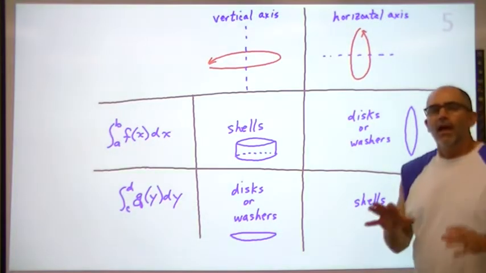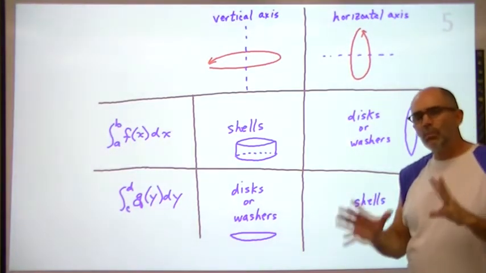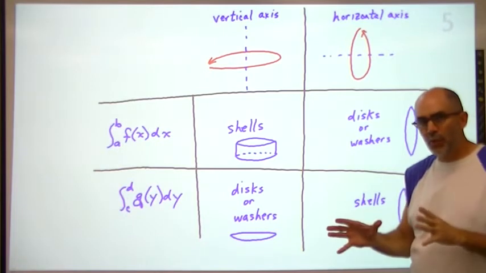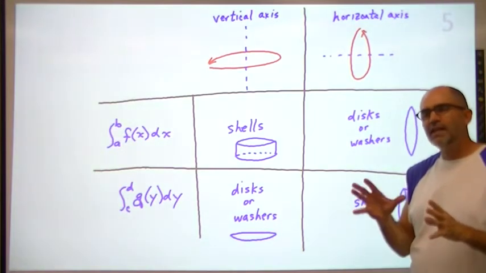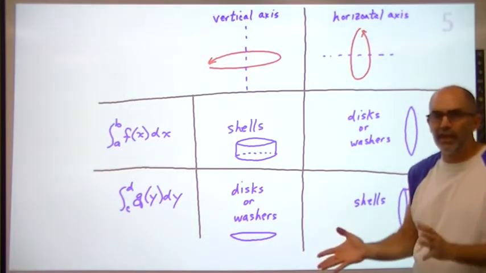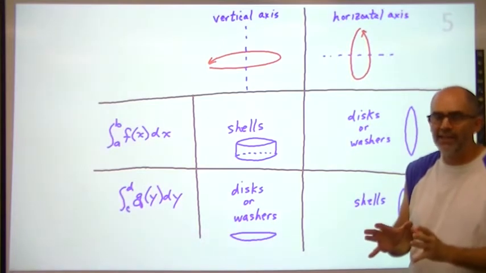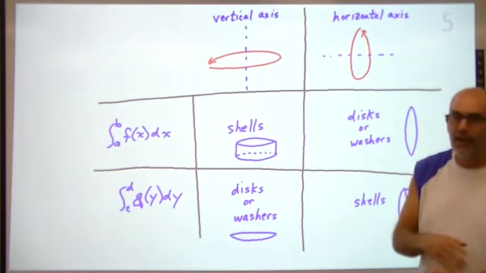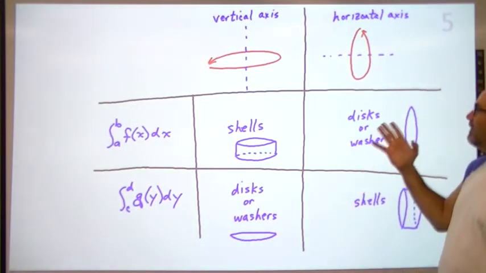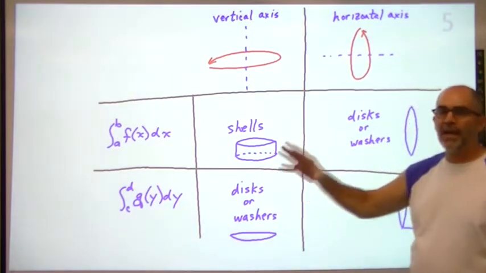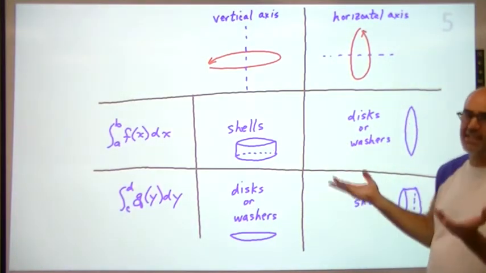So a lot of times when there are two possible methods of doing something, a lot of students want to just pick one or the other and get good at that one and say, I don't need the other because I have this one. Well, the thing is, if you can change your equation from x to y or y to x, then you get to take your pick.